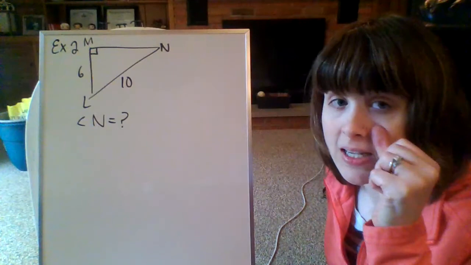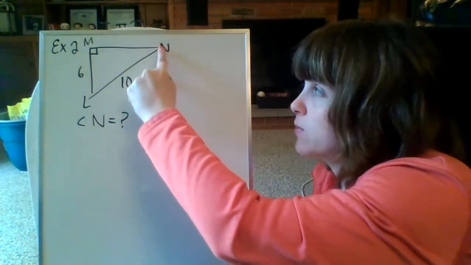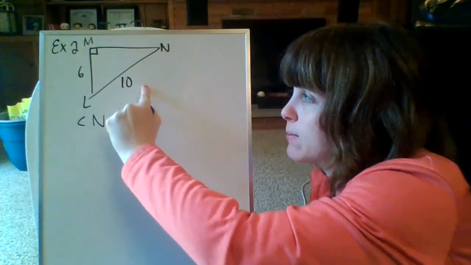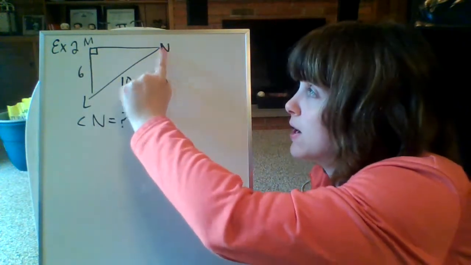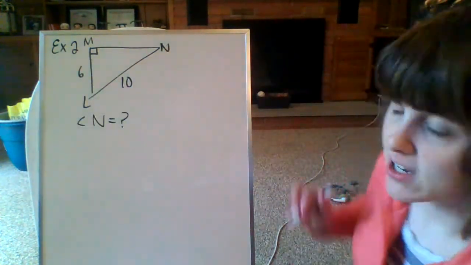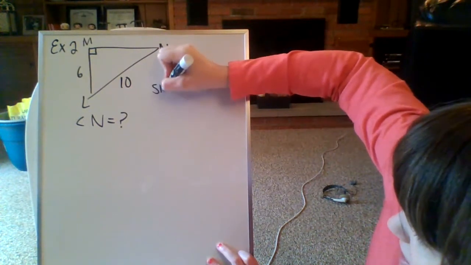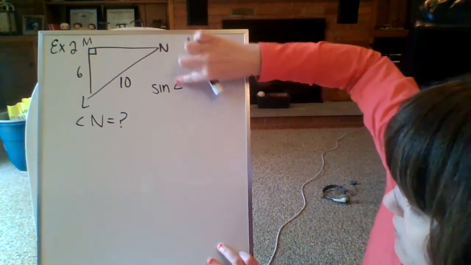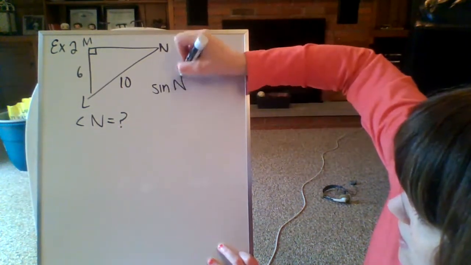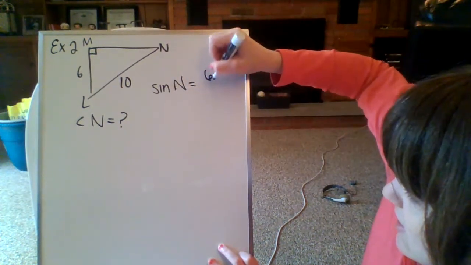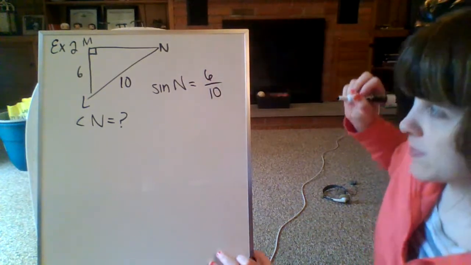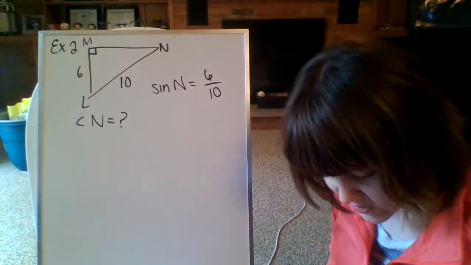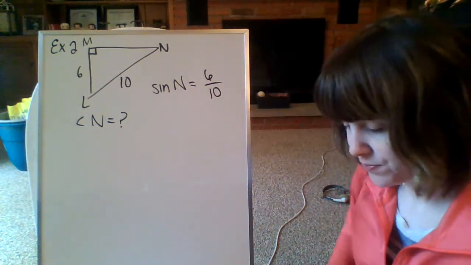Now, based on angle N, we have opposite and hypotenuse. So opposite and hypotenuse, we're going to use sine. So we have sine of angle N, we'll just put an N there, equals 6/10.